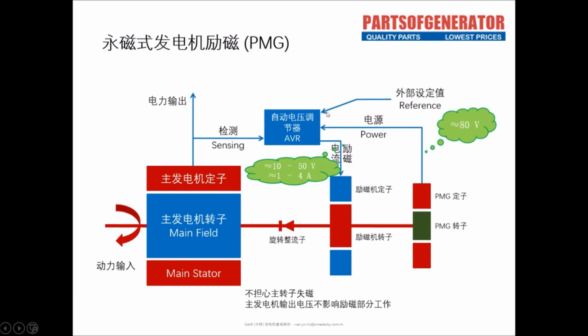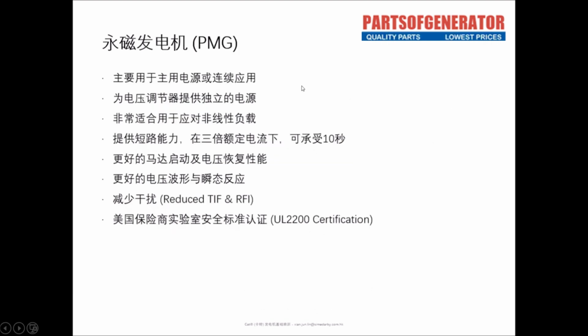If we are running parallel machines, when several machines are connected in parallel or one machine is connected in parallel with the mains, the voltage must be controlled by the parallel cabinet. The parallel cabinet controls the AVR through this input point, and ultimately controls the output voltage of the main generator.